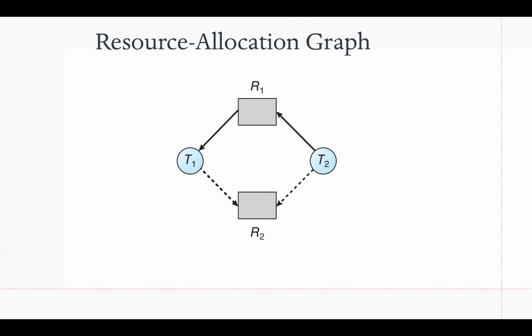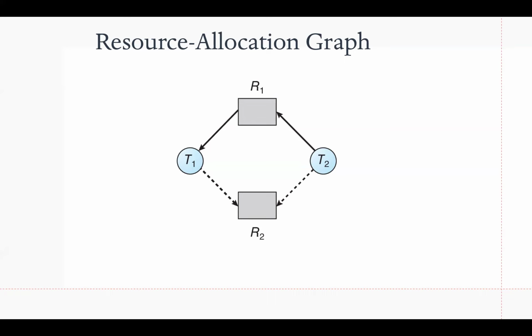Here you can see the claim edge given from the process T1 to resource R2 as well as from the process T2 to resource R2, so that T1 and T2 may claim the resource R2, and that is represented by a dashed line called a claim edge.